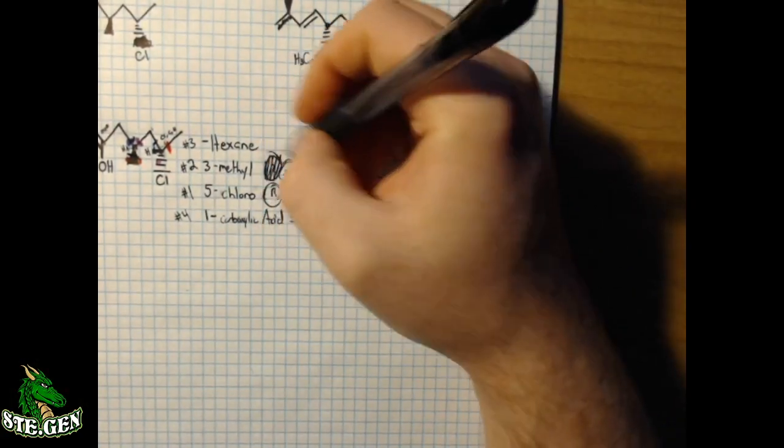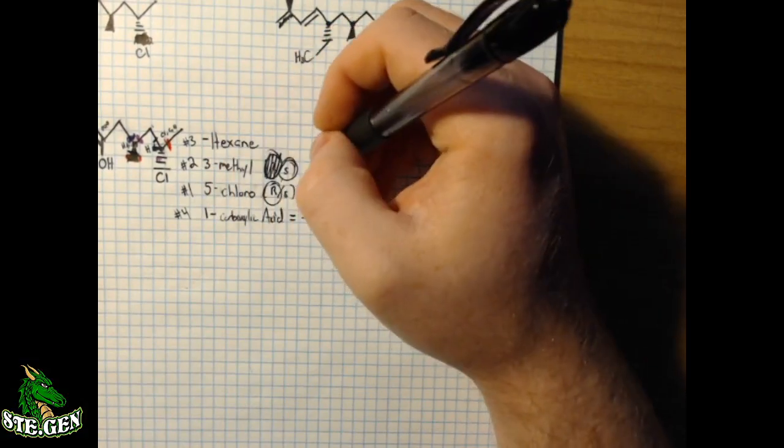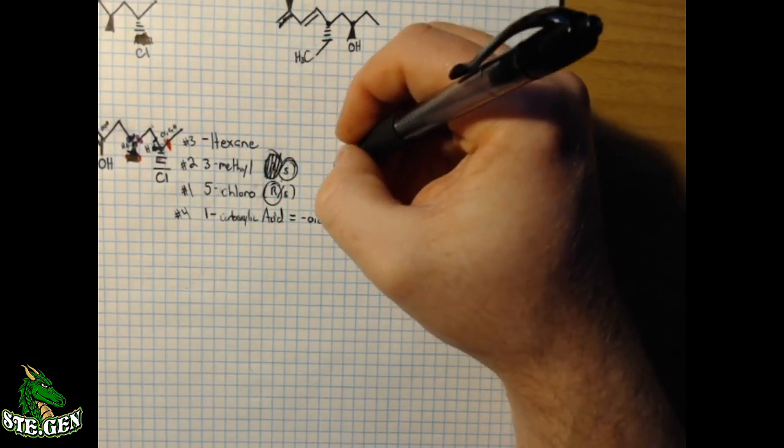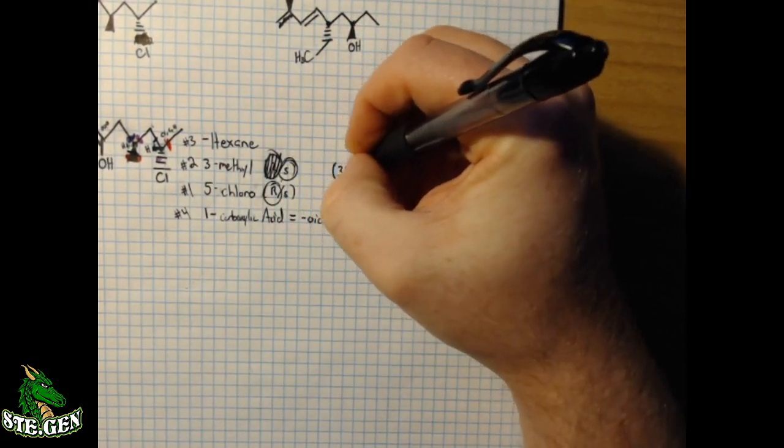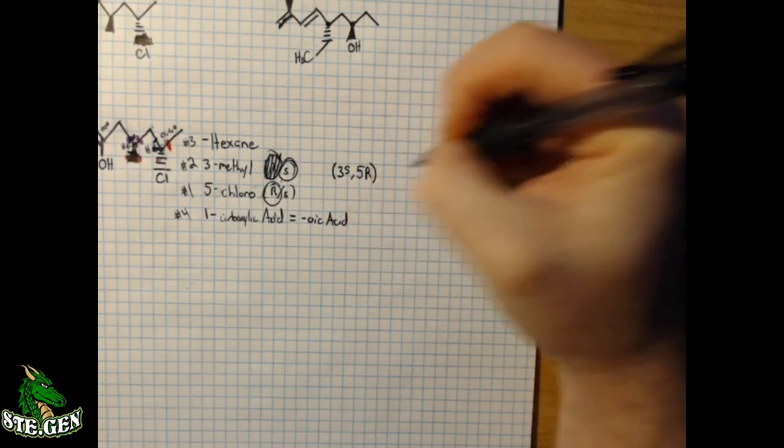But out front you have to indicate stereochemistry, so we're going to go ahead and in numerical order out front put a parentheses. We're going to go 3S, comma, 5R, close parenthesis.